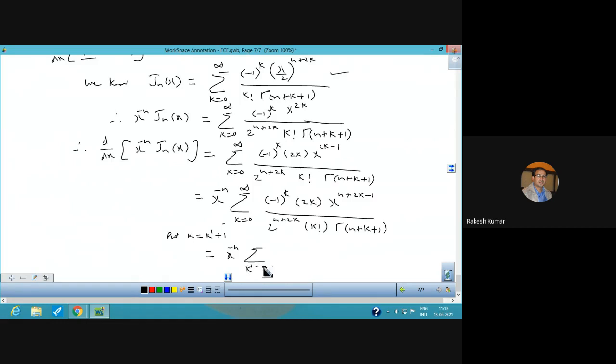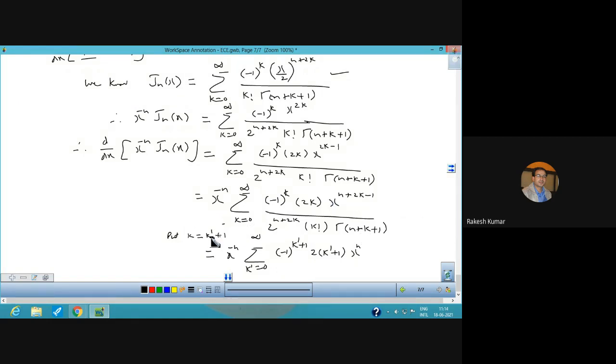Your k dash varies from 0 to infinity, and you will have minus 1 raised to power k dash plus 1, and 2 times the value of k is k dash plus 1, x raised to power n plus.